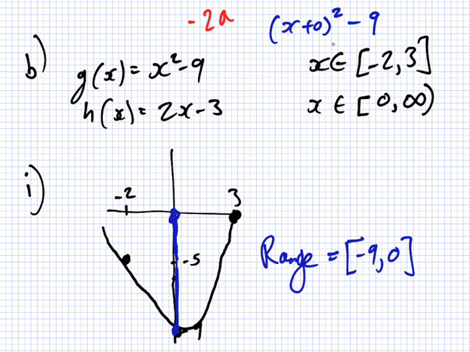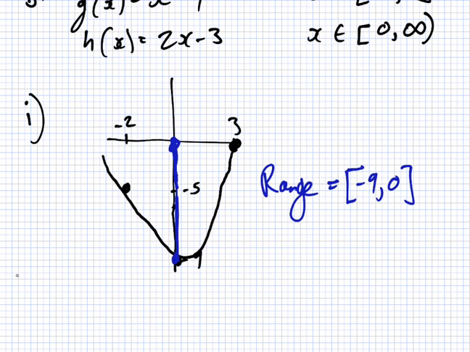The next part is, what is the inverse of h? Oh, so easy. You want to try and guess it from looking at it? So if you look at h(x), what does it do? First it multiplies x by 2 and then minus 3.